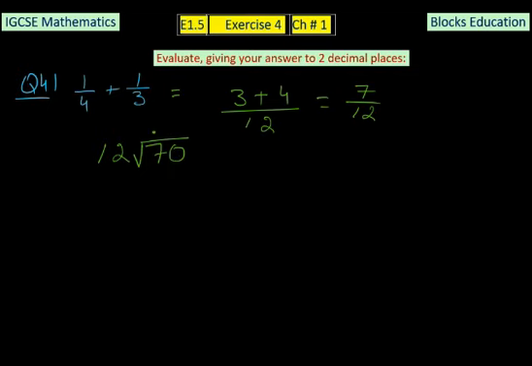And 12 5s are 60, 12 7s are 72, which is bigger, so it means 12 5s are 60, and 70 minus 60 is 10. Once again, 10 is smaller than 12, so decimal is already there, so you can add 1 0 to it. And 12 8s are 96, which is the closest one, and we have 4 here.